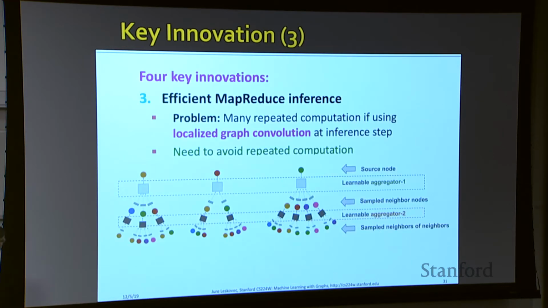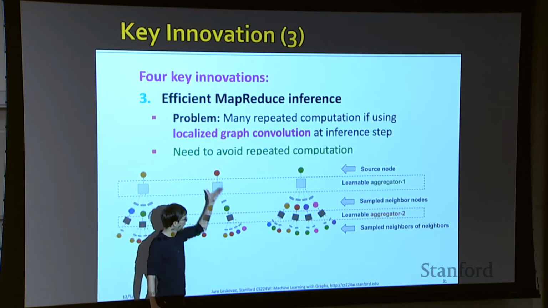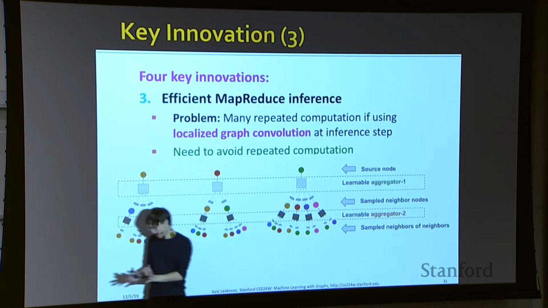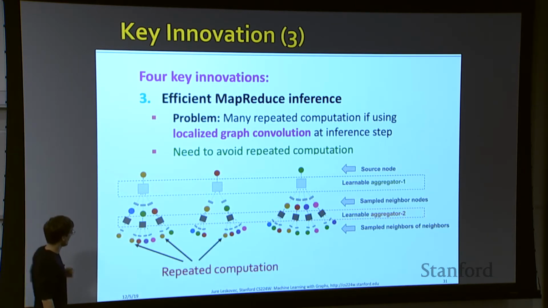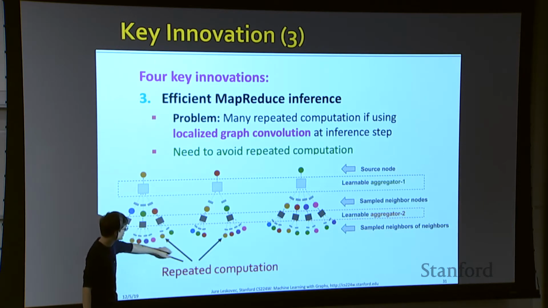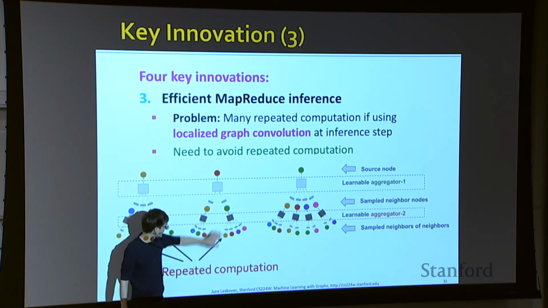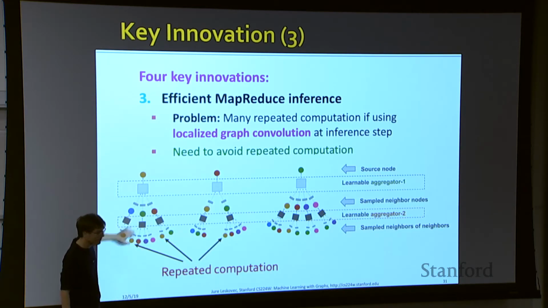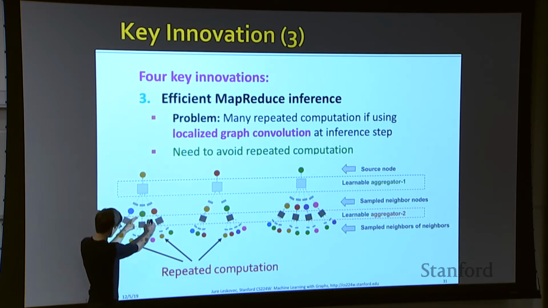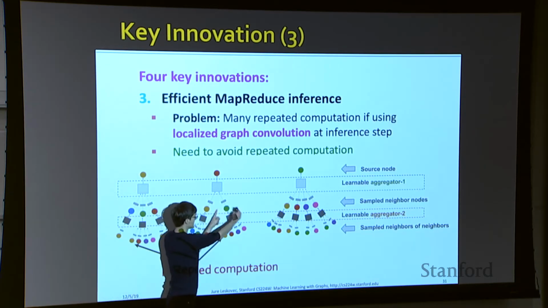And then the last thing that is important is that if you think about these computation graphs, when you are doing a forward pass, when you are computing embeddings, you will notice that there is a lot of redundancy. What do I mean by this is, for example, these types of computations are all redundant. I make this computation here, I make the same computation here, and here. Then it's even worse because, for example, this computation also happens here.